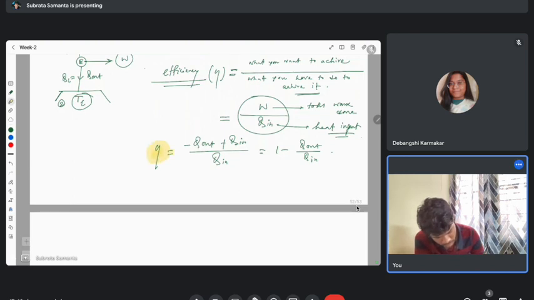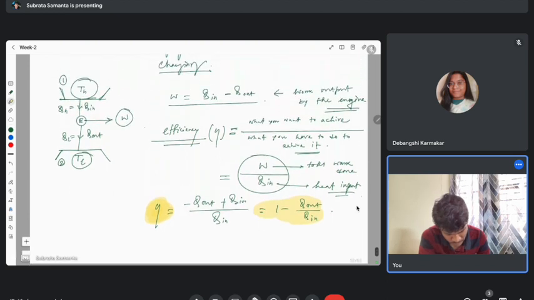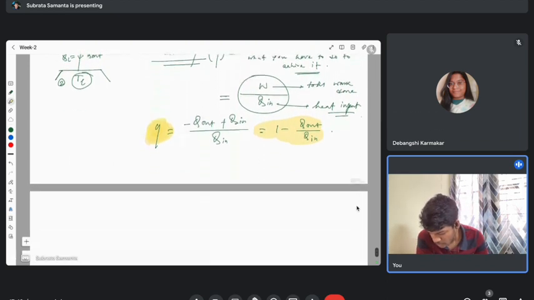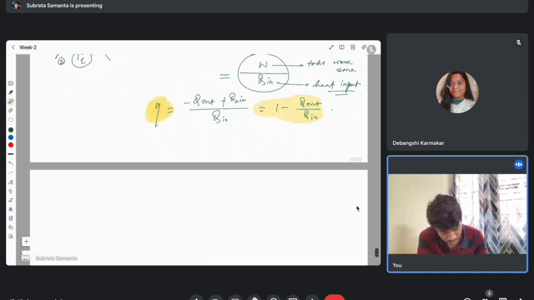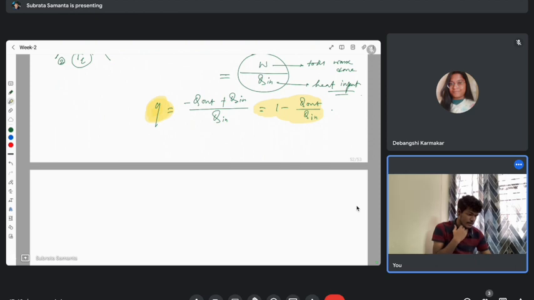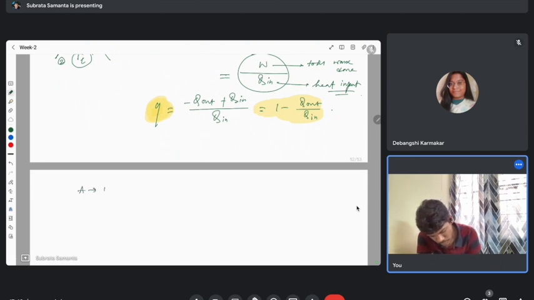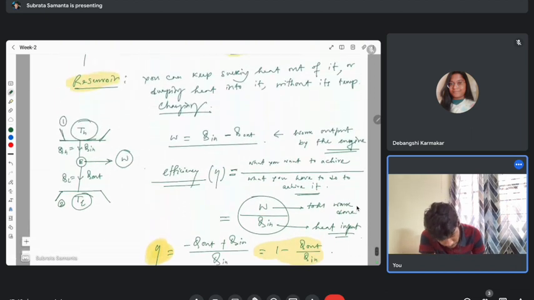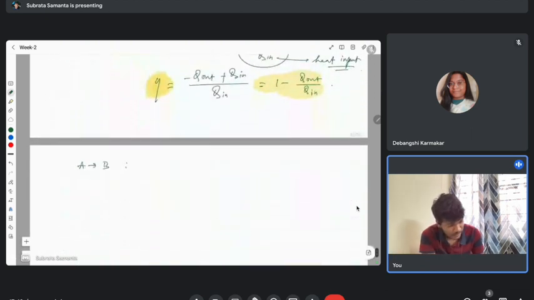Now we convert this in terms of the reservoir temperatures, relating eta to TH and TL. The process A to B is an isothermal process at temperature TH.